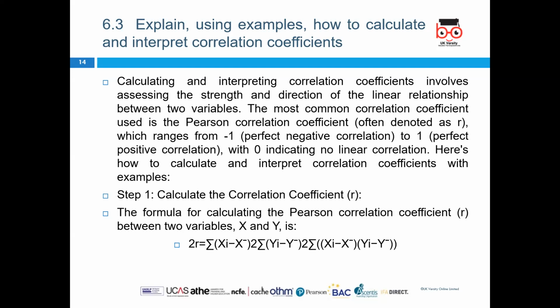It is calculated using the formula r = Σ(xi - x̄)(yi - ȳ) / √[Σ(xi - x̄)² Σ(yi - ȳ)²]. So this is the formula for the correlation coefficient.